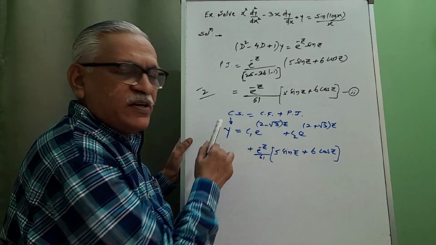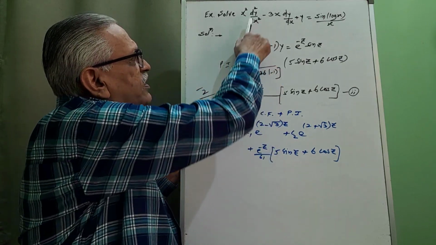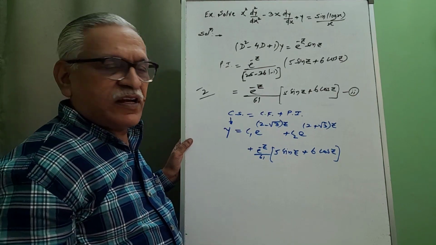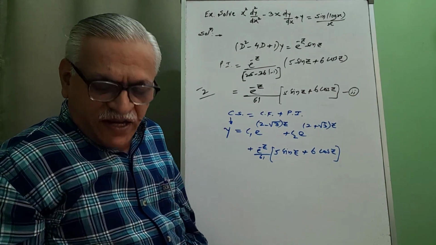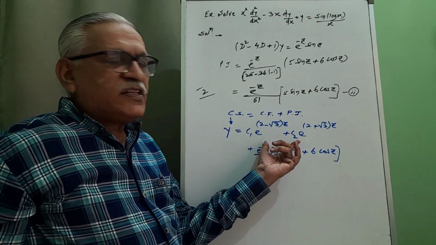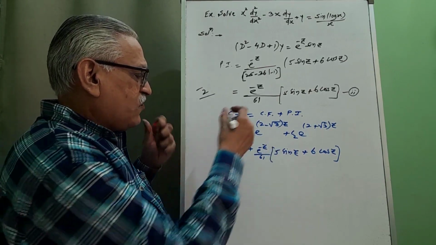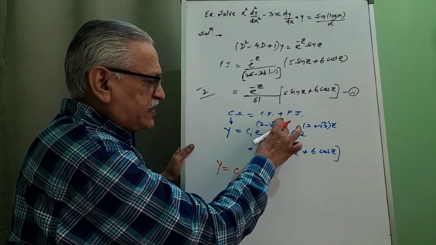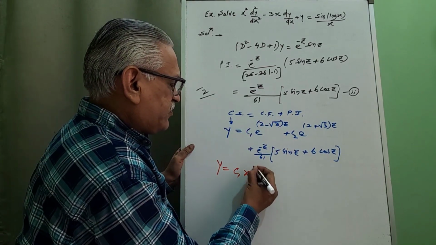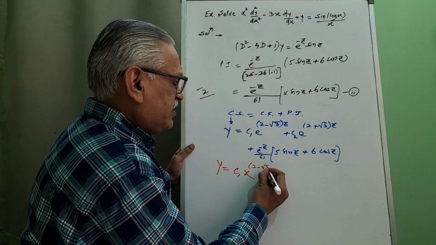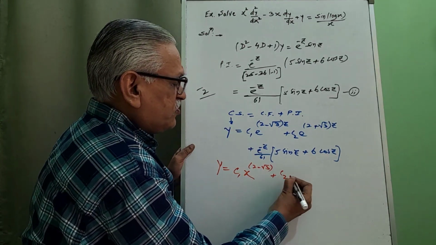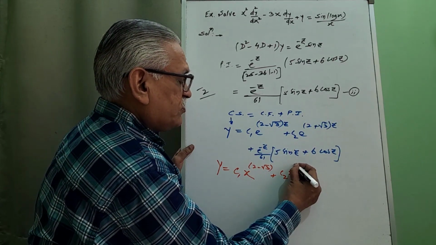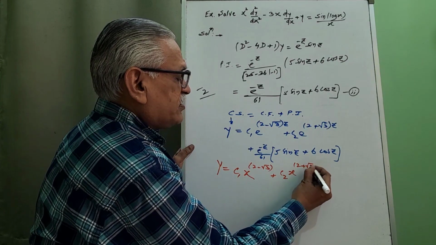Here the obtained solution is in terms of z and y. Z independent, y dependent. But if you see the original equation is in terms of x and y. Y dependent, x independent. Therefore, the final answer must be in terms of x and y. Therefore, once again we convert this z in terms of x. And therefore, final solution is y is equal to C1 e raised to z, z is nothing but x. Therefore, it becomes x raised to 2 minus root 3. C2 again e raised to z, it is x raised to 2 plus root 3.